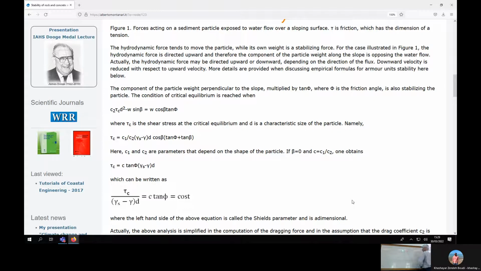Perfect. Now let's write here. We can write that C2 tau d squared is equal to W cos beta tan phi plus W sin beta. I am making it step by step because in the web pages there is already the final result.